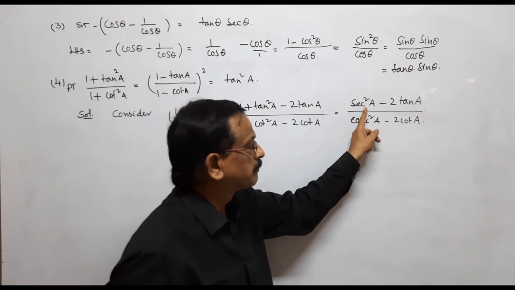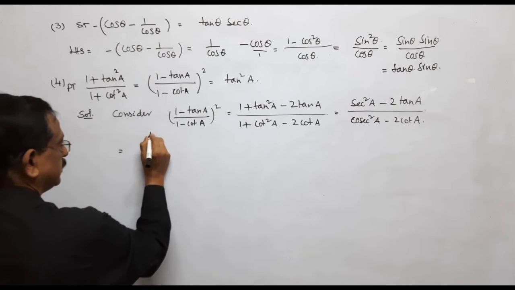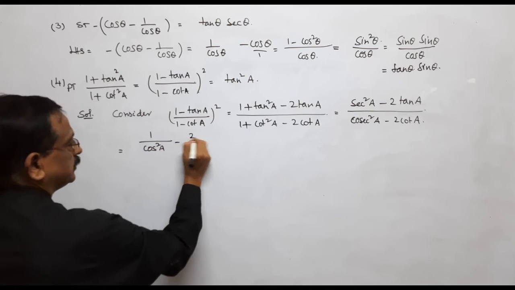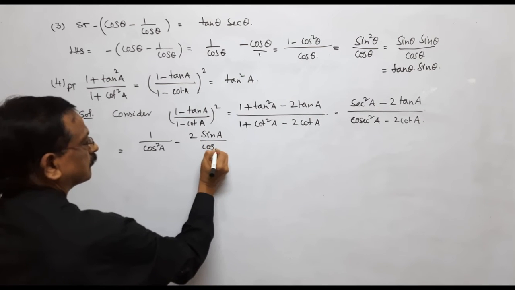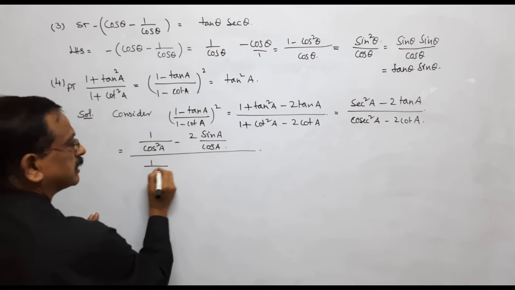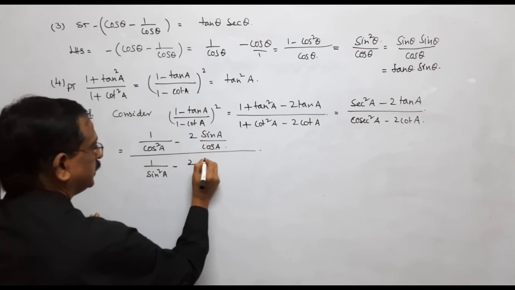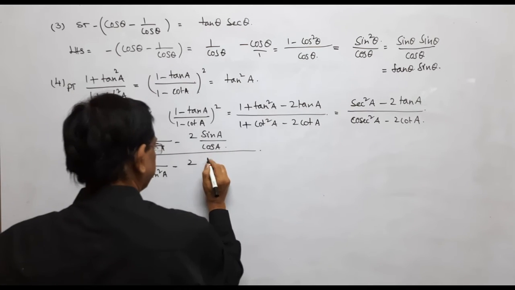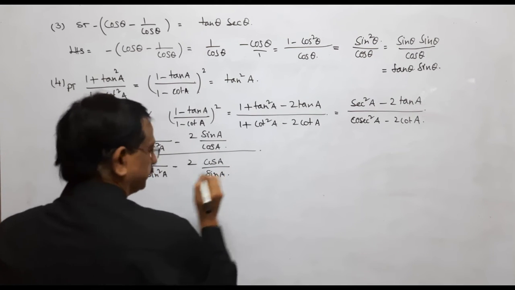This is 1 by cos square A. So I can write down secant square A as 1 by cos square A minus 2 tan A, which can be written as sin A by cos A, whole by cosecant square A is 1 by sin square A minus 2 into cos A by sin A, because cot A is cos A by sin A.